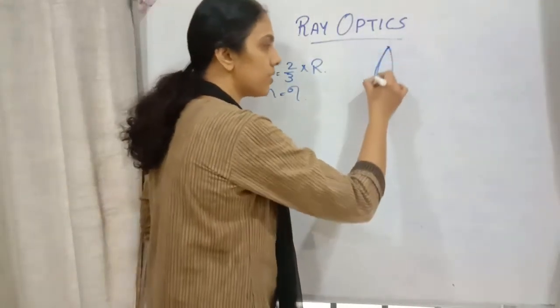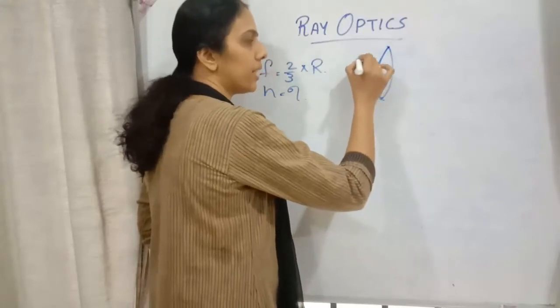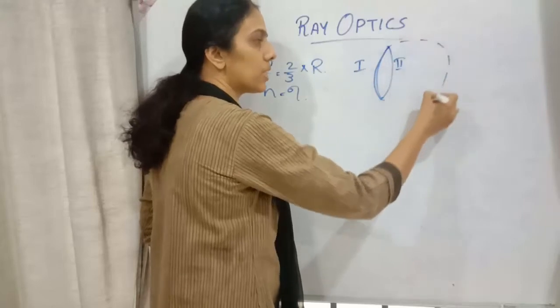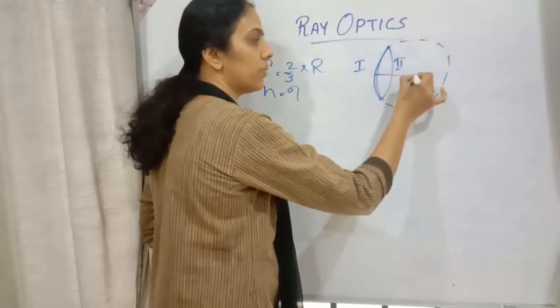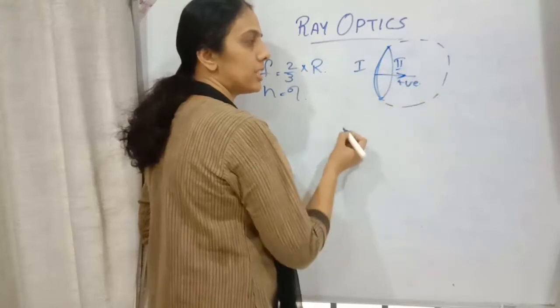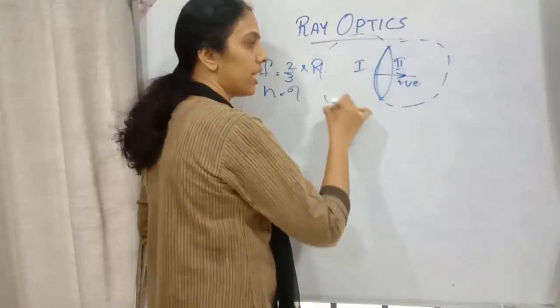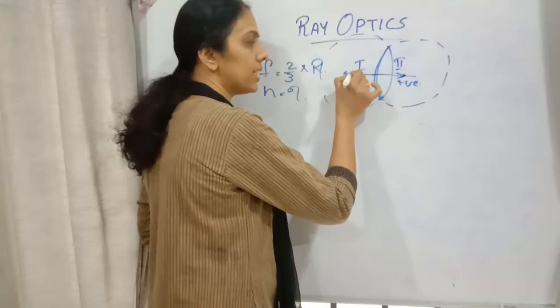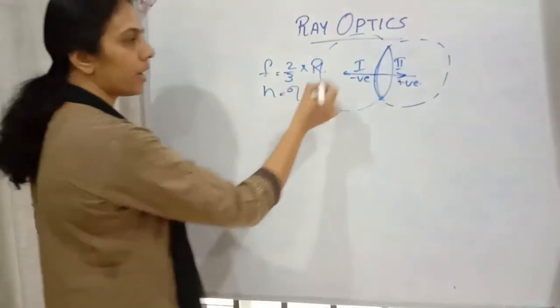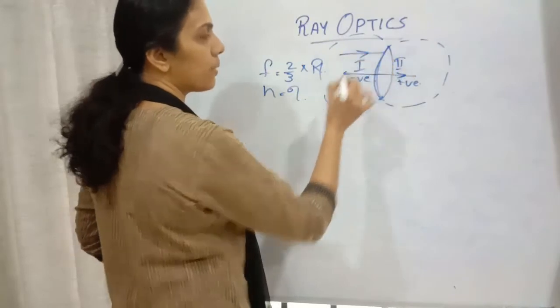So for the first phase, if I am taking, this is the first phase and this is the second phase. For the first phase, when we are calculating the radius of curvature, it is towards the right. So we can take it as positive this side, and the left side we can take as negative. Okay, so for R1, the ray of light is incident from the left side.